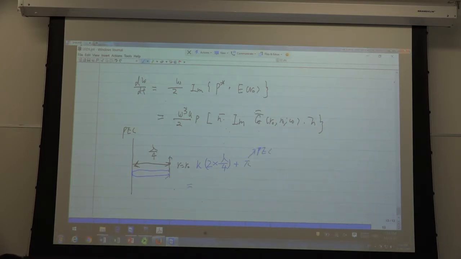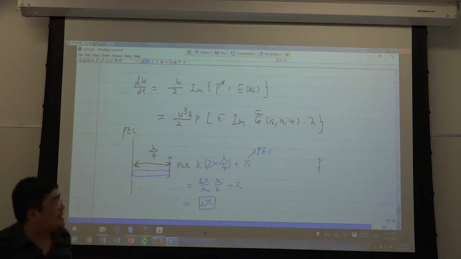Here is 2 pi over lambda times lambda over 2, so pi. So here is 2 pi. So it's in phase, and you can enhance the emission. So for the field point here, initially free space, if this is the dipole, this is free space.